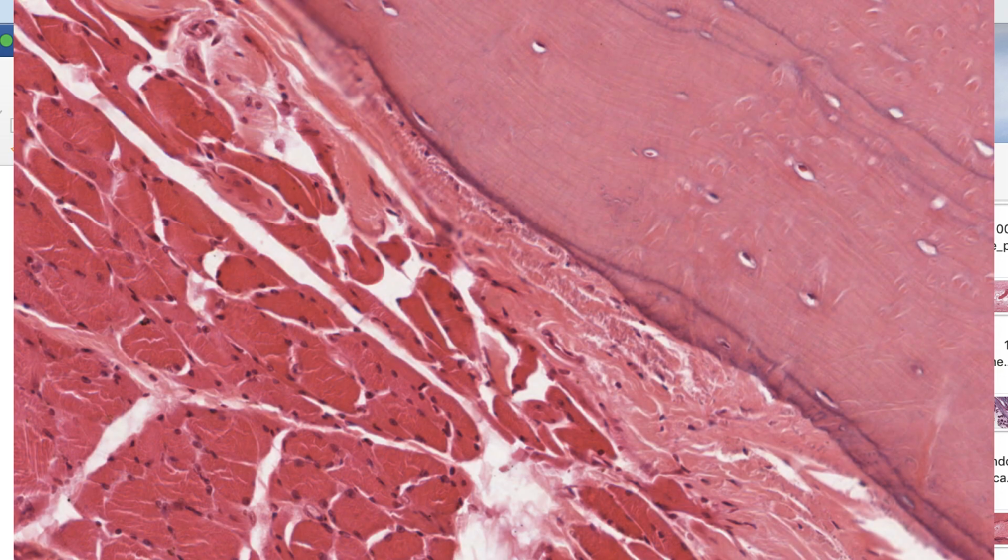Now, let me direct your attention to the layer of connective tissue on the outside of the bone, between it and some skeletal muscle over here. This is the periosteum, consisting of two separate layers. The obvious outer fibrous layer is really no more than a typical adventitia of dense, irregular connective tissue, and in this case it's quite vascular.